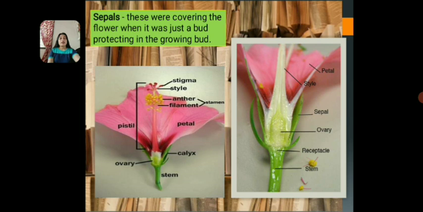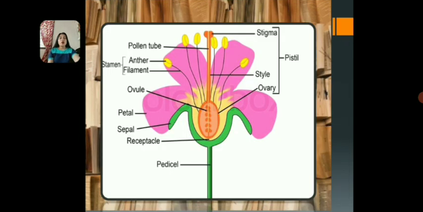It has sepals, which cover the flower when it was just a bud, protecting the growing bud. So we look at the flower. Down here we have the sepals, covering the flower when it was just a bud, protecting the growing bud.